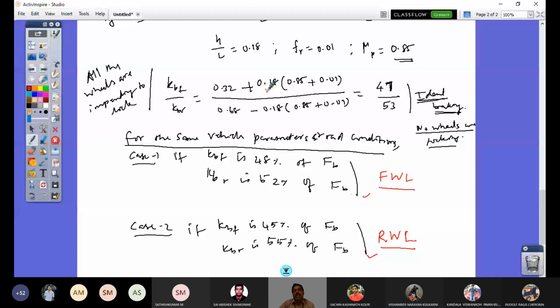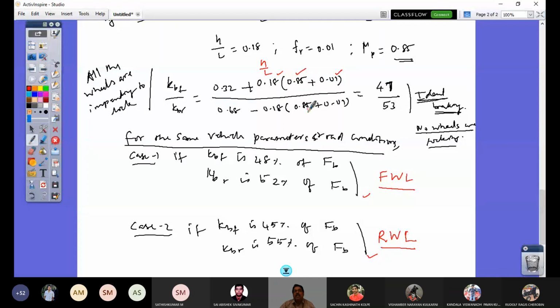Then only this can change, right? So how can your static component change? See, the CG location from the ground is not going to change, so my H by L is fixed. L is not going to change. Wheel base is going to be the same. They're rigid wheels, the axle cannot be going in and out. So this is fixed. Tire property is fixed. Road condition is fixed. So there can be only a change in this.